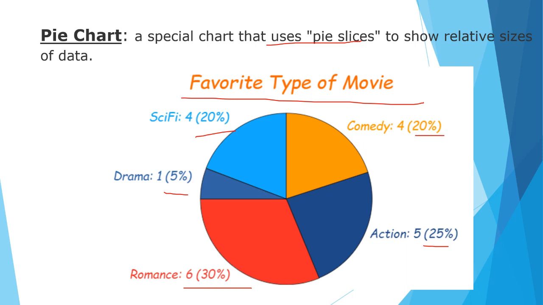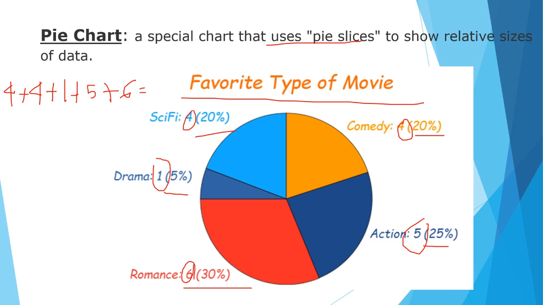That is simply, how did we get this percent? So, we have sci-fi 4, we have comedy 4, we have drama 1, we have action 5, we have romance 6. Okay? Ito yun. 6, 1, 4, 4, and 5. And then we will add that.